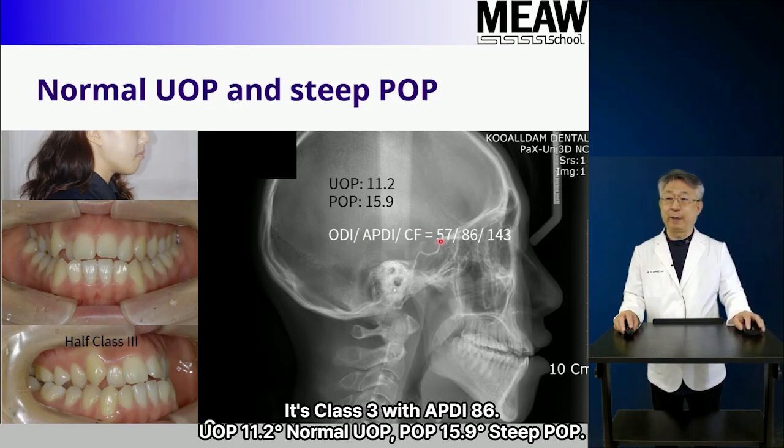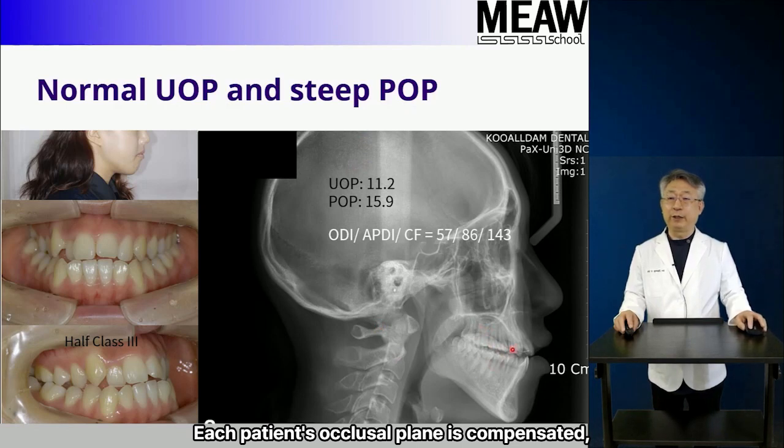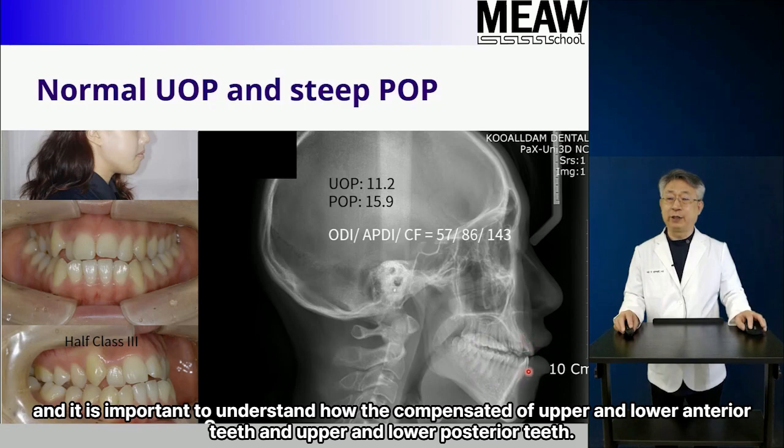It's Class 3 with APDI 86, UOP 11.2 normal UOP, POP 15.9 steep POP. Each patient's occlusal plane is compensated. And it is important to understand how the upper and lower anterior teeth and upper and lower posterior teeth are compensated.